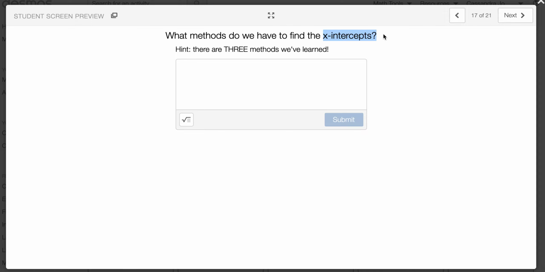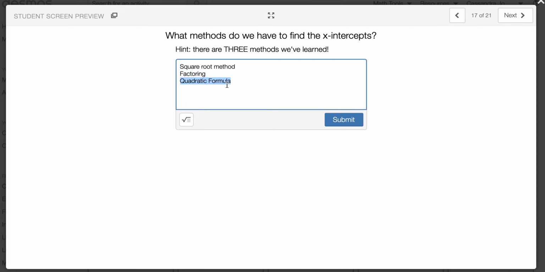Now to find the x-intercepts, we have 3 methods that we have learned: the square root method, factoring, and the quadratic formula. Those are the 3 methods to find our x-intercepts, depending on what the quadratic looks like. If it's missing its b value, we want to use the square root method. If a is 1, we want to factor.